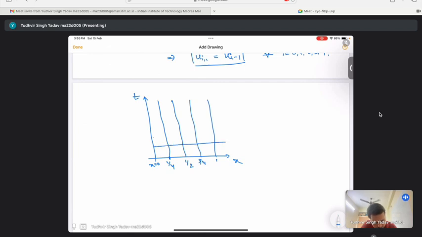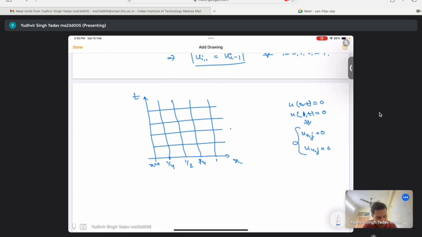And these are the time levels that we are required to find. Numerous time levels can be found, but in this case we are required to find only two time steps, so up to here. And from the given boundary conditions, that is u(0, t) equals 0 and u(1, t) is again 0, that is nothing but u(0, j) is 0 and u(4, j) is 0.